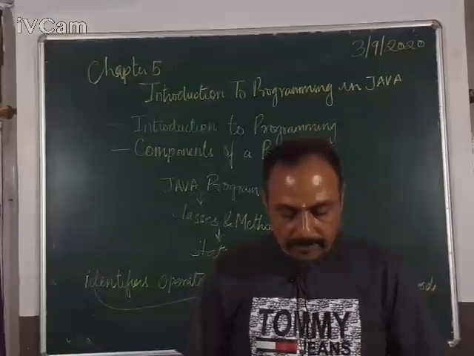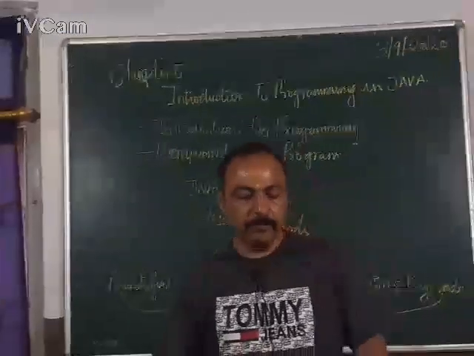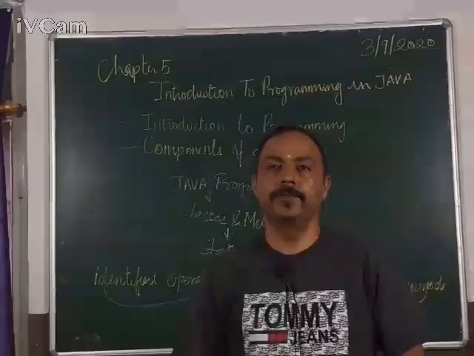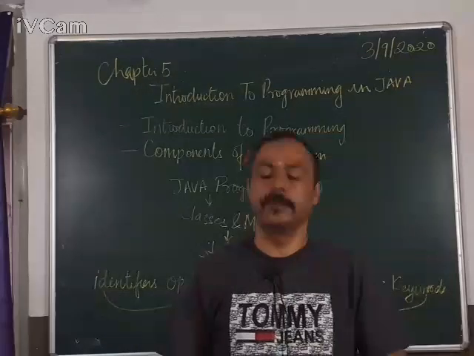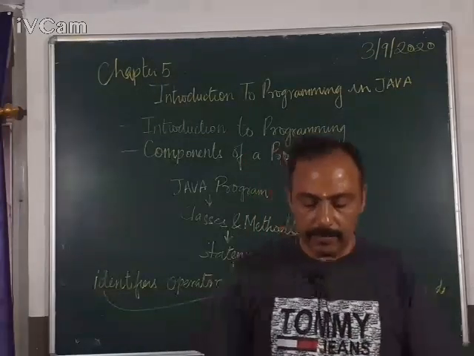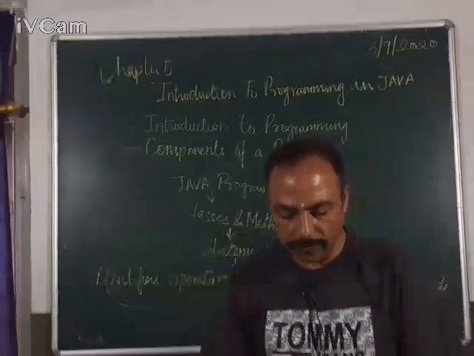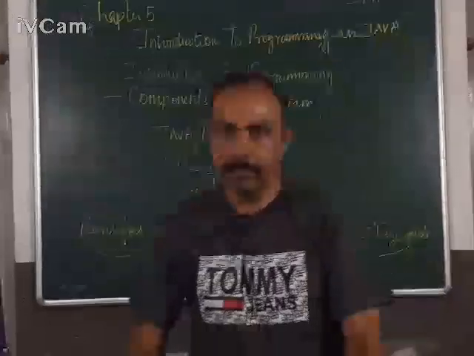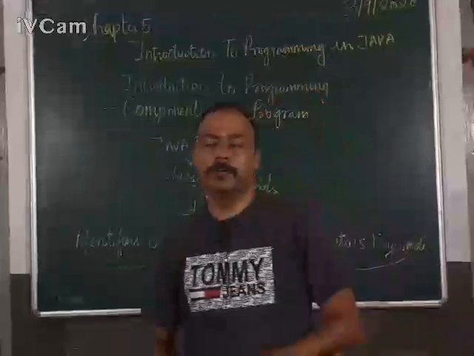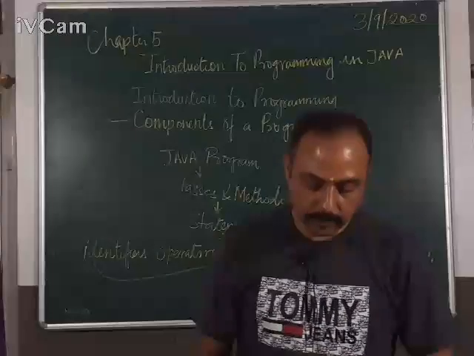Now, one fact, let me discuss that fact. The original name of Java was Oak. So Java's first name was Oak, named after the oak tree which stood outside the office of its developer, James Gosling.